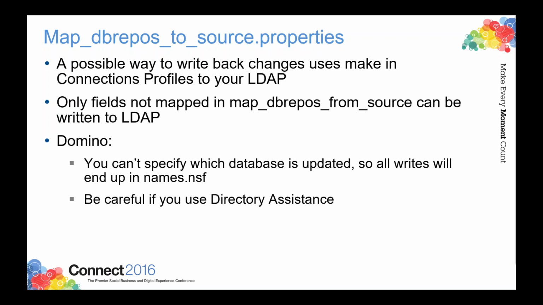So you can only write back attributes which are not read from the LDAP in the MapDB repos from source file. On Domino, I normally don't use this, because I can't define which database is updated. I often use a directory assistance file to add some special Connections users, and at the latest there I will get problems when I want to write back to the LDAP.